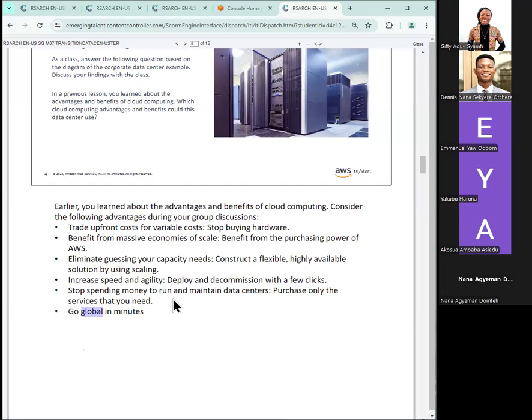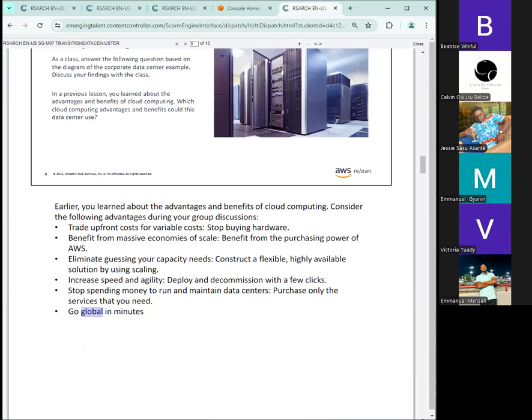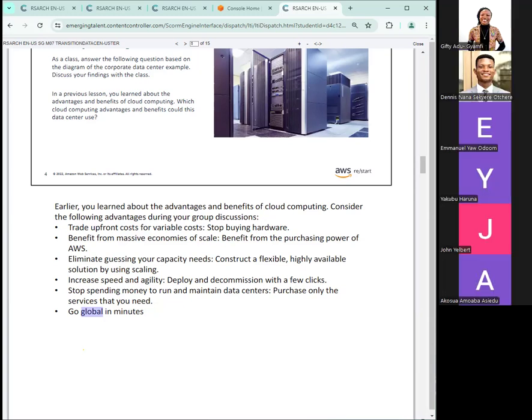You save yourself the headache of purchasing and maintaining huge equipment, so you save money and you also secure. Everything is entrusted to your cloud engineer, who is going to set the right permissions for the right access. So that's what I wanted to share.